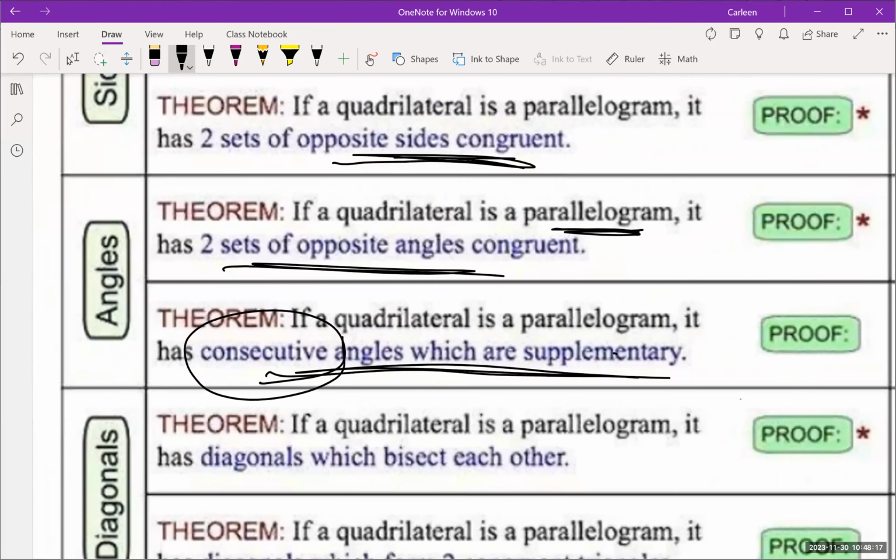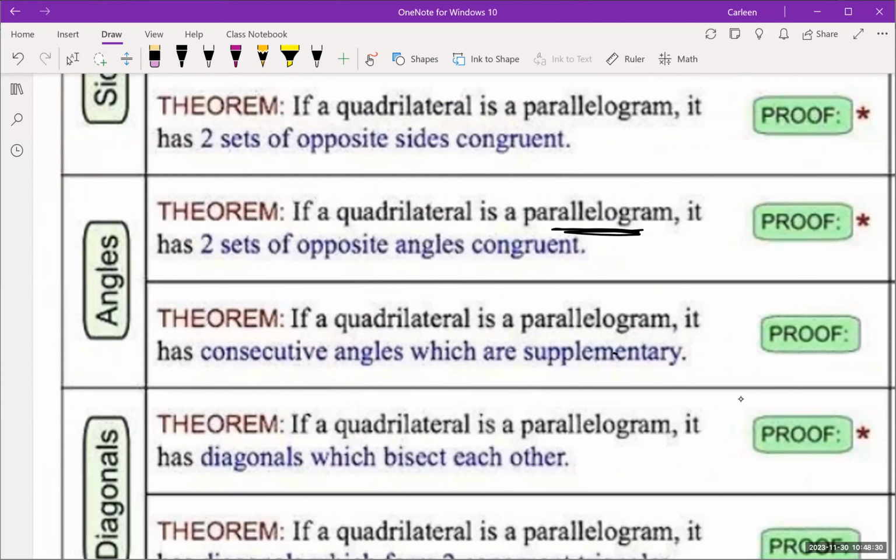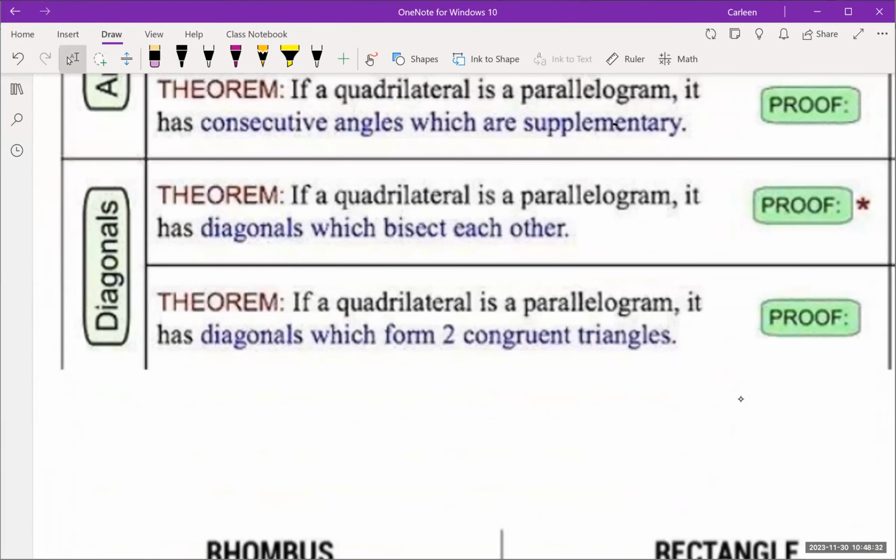So we have opposite angles are congruent, consecutive angles are supplementary. And the diagonals bisect each other. And they form two congruent triangles.